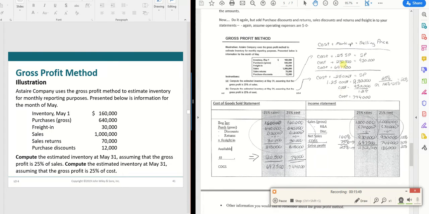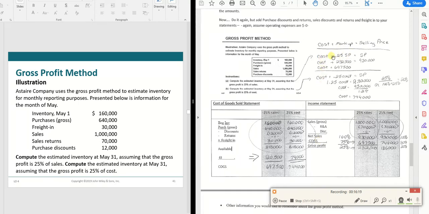So notice that we know that our... I'm going to have to pause this one second. Okay, so notice I have sales minus cost of goods sold is gross profit. Okay, so the cost is the cost.